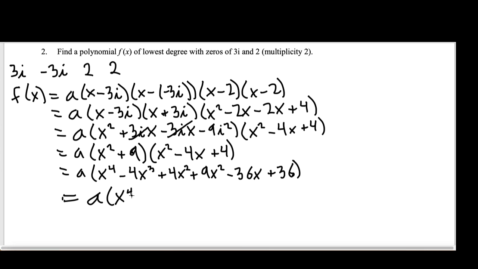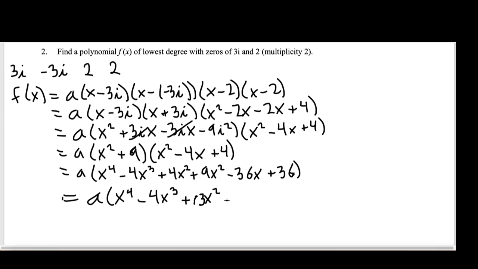I can combine the like terms 4x squared and 9x squared to get a final result. x to the 4th minus 4x cubed plus, my apologies here, I've got to combine those terms together. So when I combine 4x squared and 9x squared, I really get 13x squared.